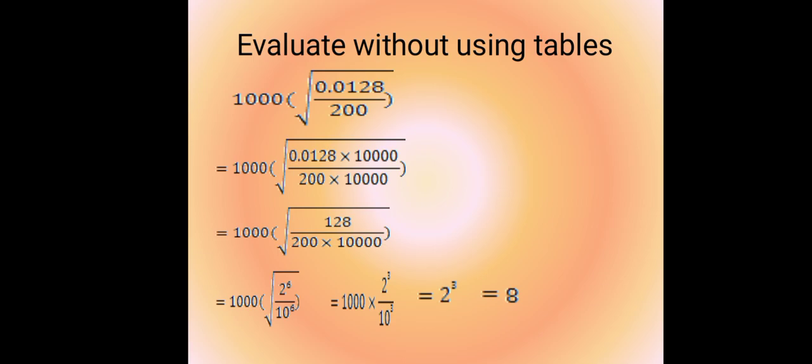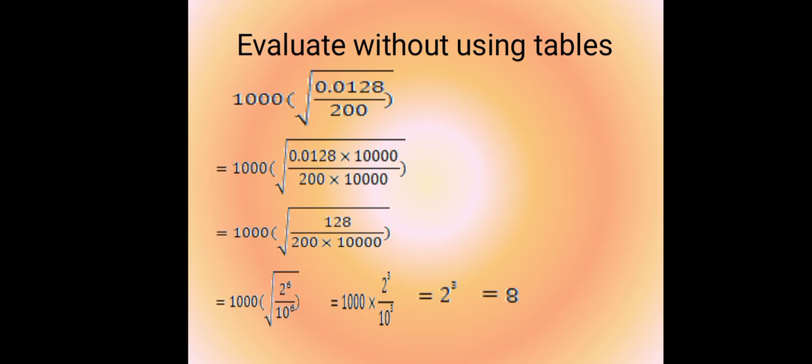Evaluate without using mathematical tables. 1,000 multiplied by the square root of 0.0128 all over 200. Now we shall remove the decimals for the number in the square root so that we are able to simplify it simply.